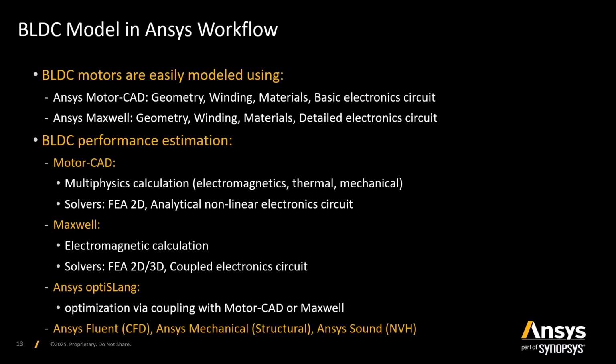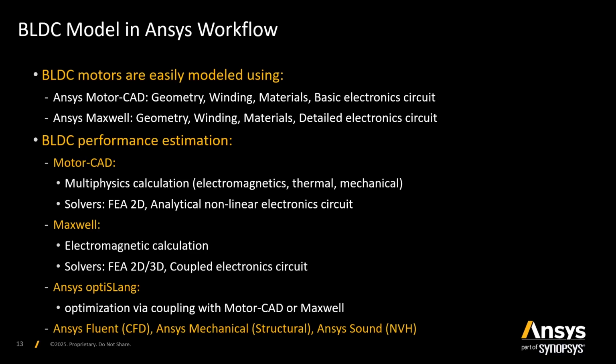The difference will appear in the control and the circuit used to define the control of these motors. While in MotorCAD we have a hard-coded basic electronic circuit used to control these machines, in Maxwell we have full flexibility, and we'll see later on how it works, to create a detailed electronic circuit.